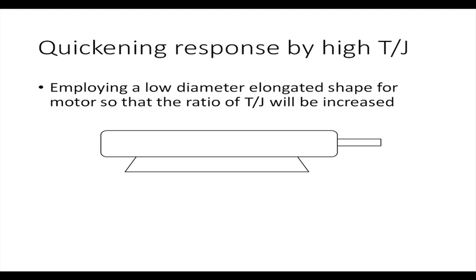Now, if torque is proportional to the first power, what about the denominator? We have not looked at the denominator up till now. Denominator is J. If we consider mass, it is going to be proportional to the second power of radius, and if we consider geometrical moment of inertia, it is going to be proportional to the fourth power of radius.